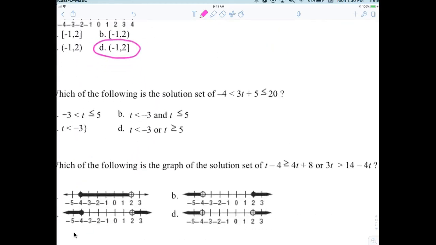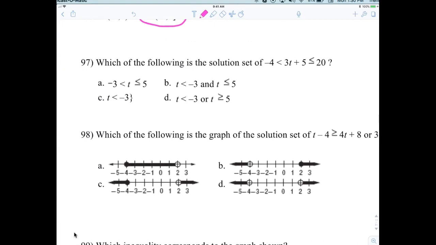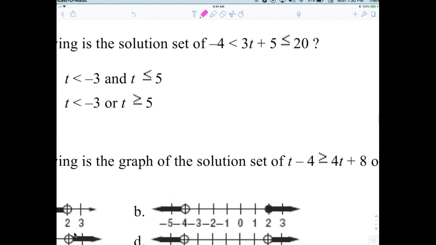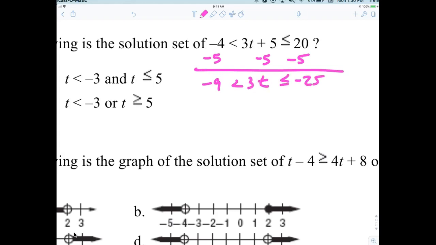Here we go. Number 97. If you remember this, subtract 5 from both sides. First, -5, -5. -9 is less than 3t, less than or equal to 15.